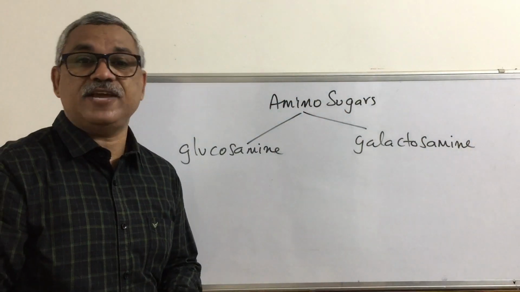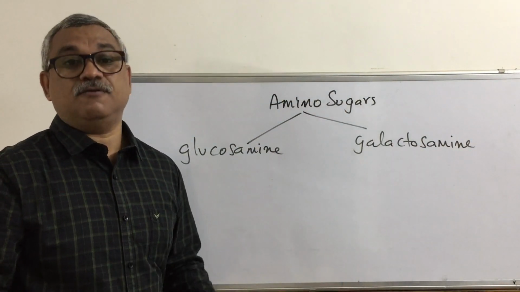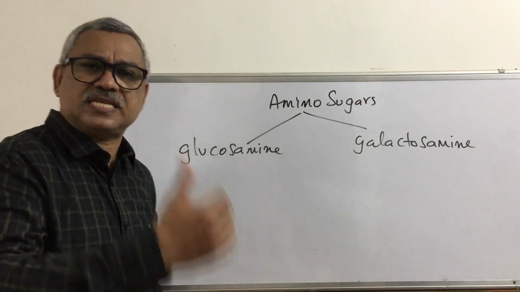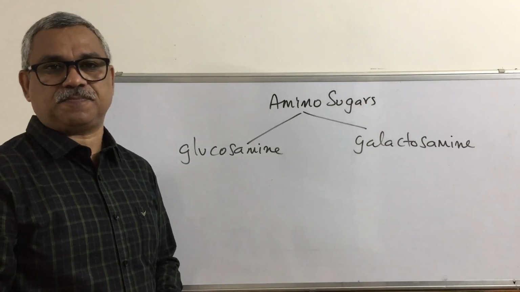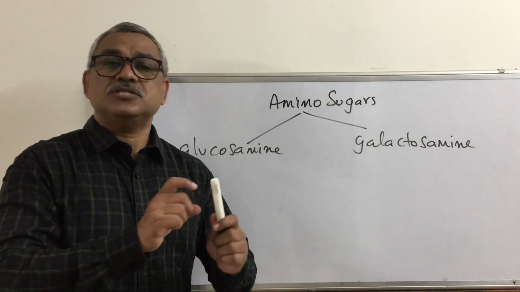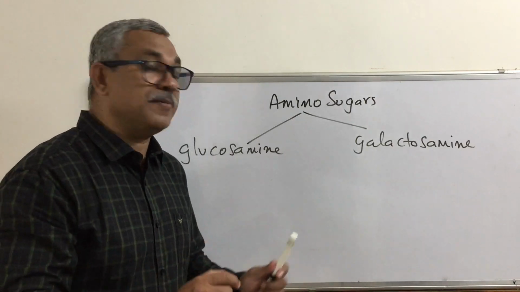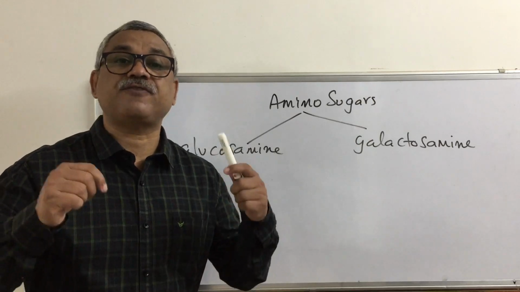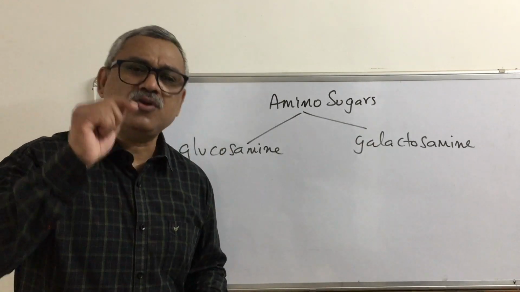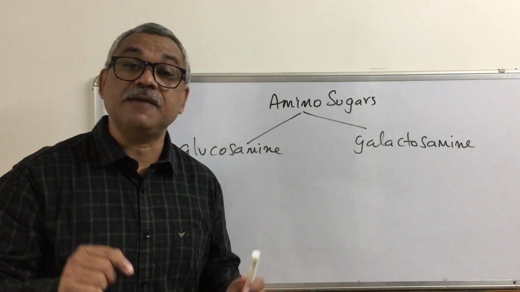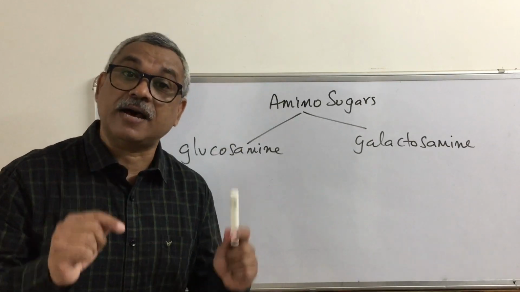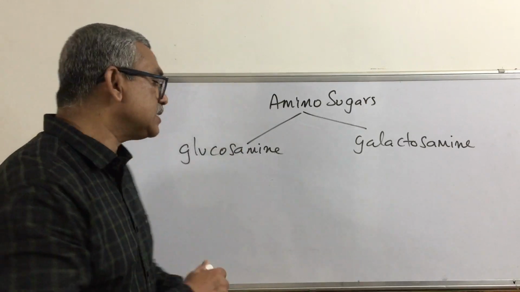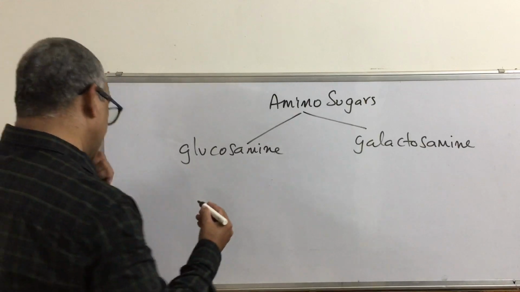From these two derivatives, many other forms have been made with slight variations within the structure. More than 60 types of amino sugars have been identified. What is happening in the case of amino sugars is that one of the hydroxyl groups is replaced by an amino group. So let us write the structure of glucosamine.